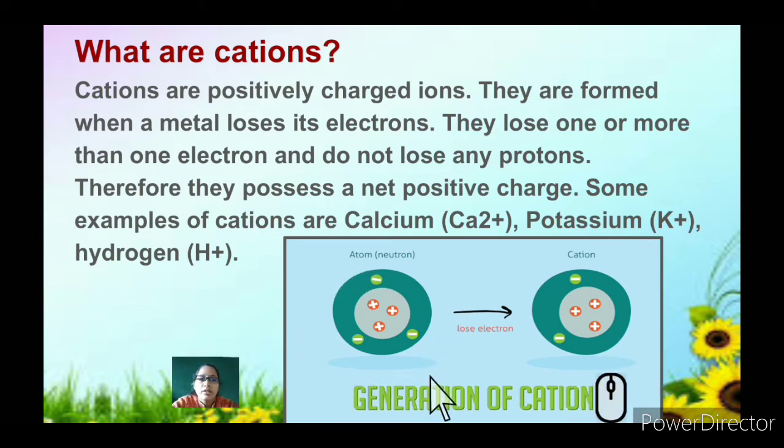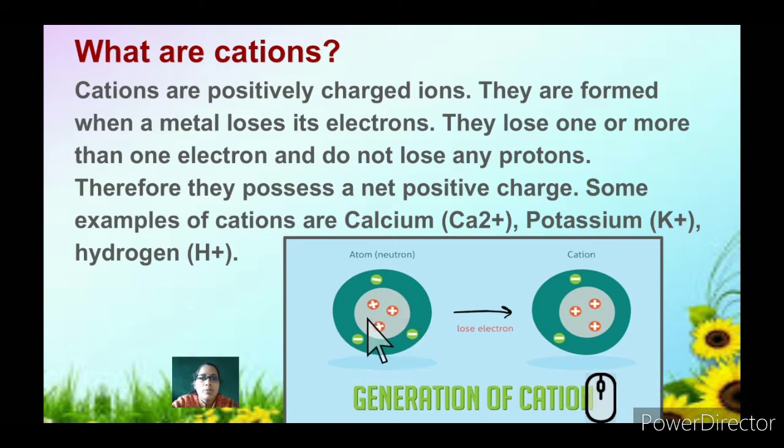You can see in this figure, generation of a cation. They are positively charged whenever another atom requires an electron. These readily give or lose the electron. It is majorly done by the metals. Once it loses the electron to another atom, you can see only positive charges.